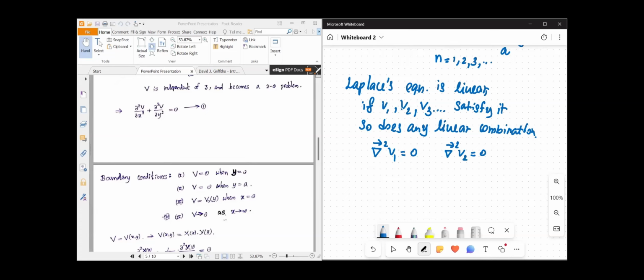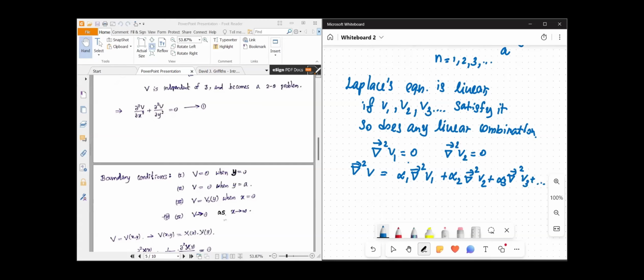Likewise, if we have several potentials that satisfy this Laplace equation, then if I write a linear combination of these potentials, del squared V, where alpha 1 is a constant, then alpha 1 del squared V1 plus alpha 2 del squared V2 plus alpha 3 del squared V3.